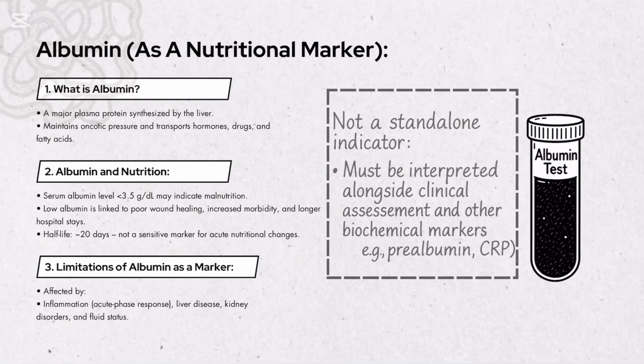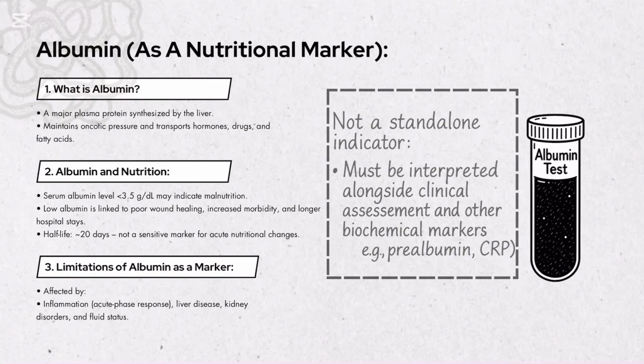changes. Third, and most importantly, we must understand the limitations of albumin as a nutritional marker. Albumin levels can be influenced by non-nutritional factors such as inflammation, liver disease, kidney disease, and changes in fluid balance. Therefore, albumin should not be used as a standalone indicator of nutritional status.